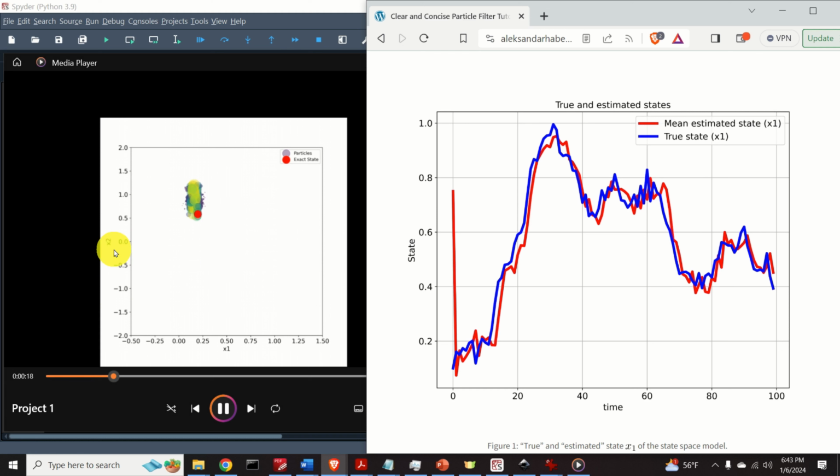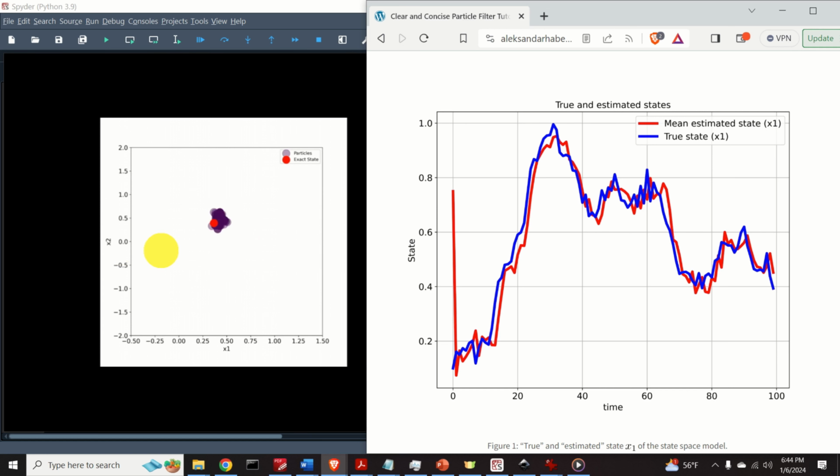The true state is represented by the red circle. The particles are represented by colored circles. The weight of the particle is proportional to the radius of the circle. That is, the radius of the circle is the probability of the state being at the particular point in the state space. The higher the radius, the higher the probability.